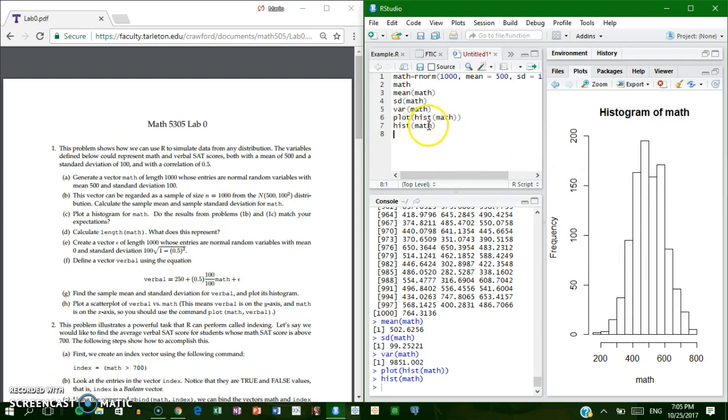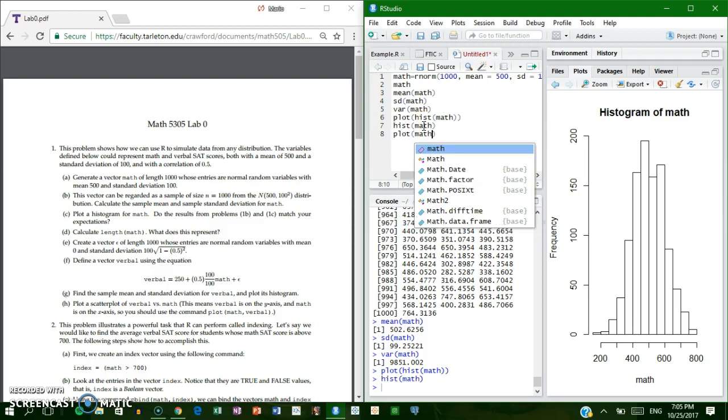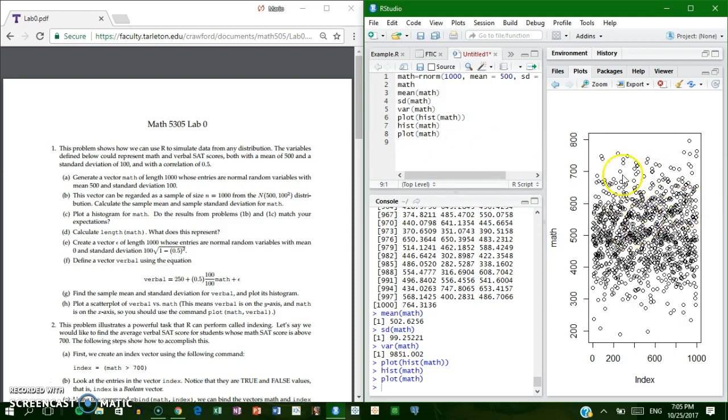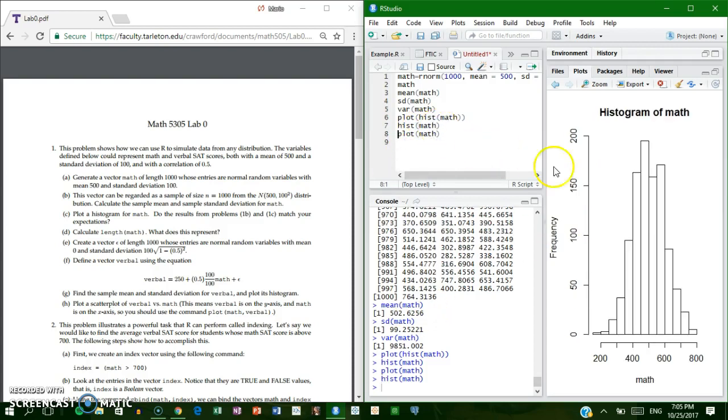Plot hist and just hist will give you the same answer. If I just wrote plot math, I'd get a scatter plot, not the histogram. So make sure that you type in the histogram.